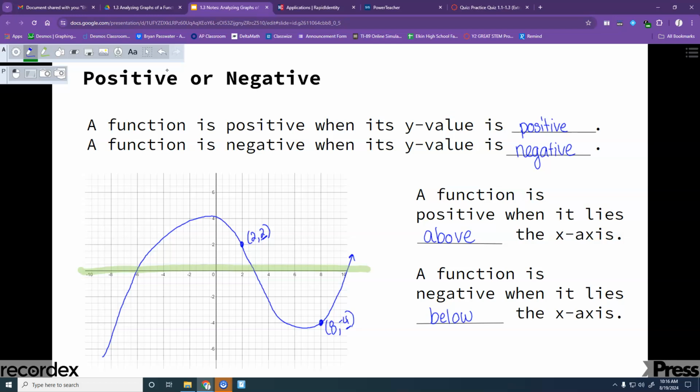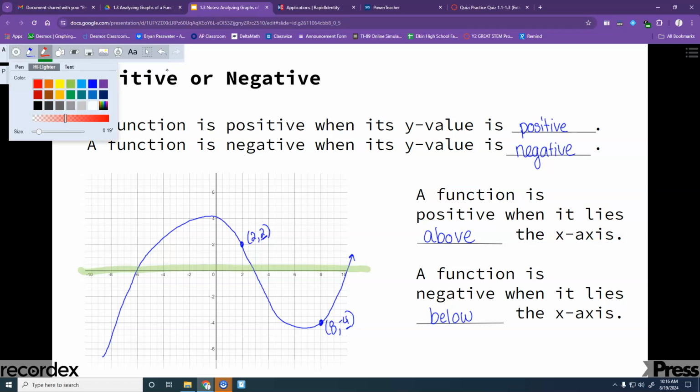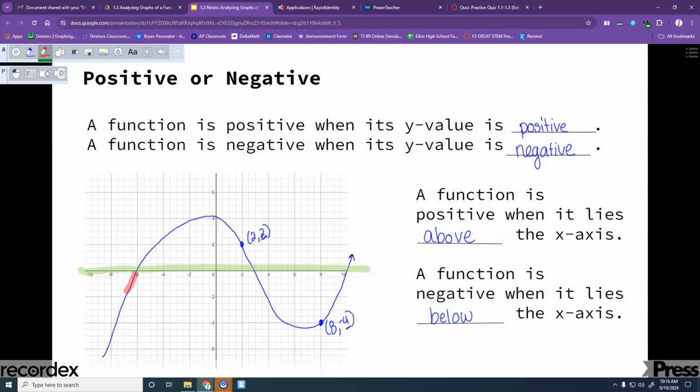So we're not going to go into actually doing this problem. I just want to highlight what's happening here. So if I'm looking for the negative part of this graph, it'd be here, because that's below the x-axis, and here. Those two pieces would be below the x-axis. So they are negative.